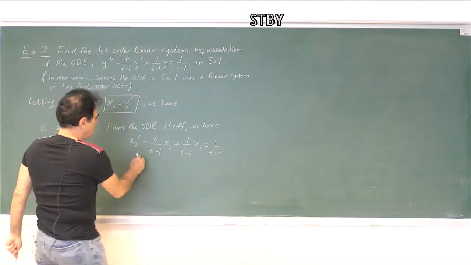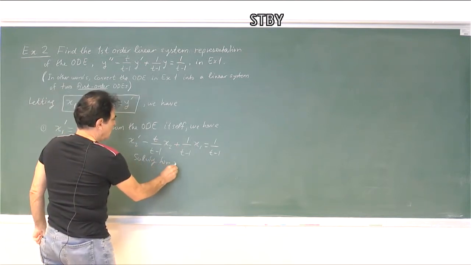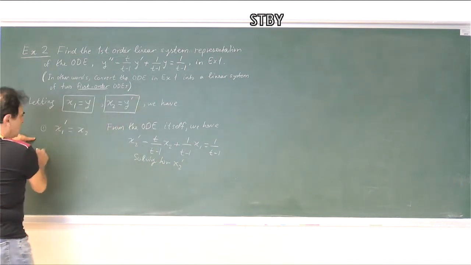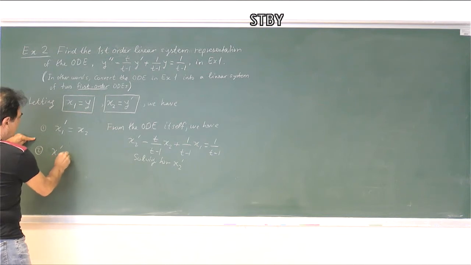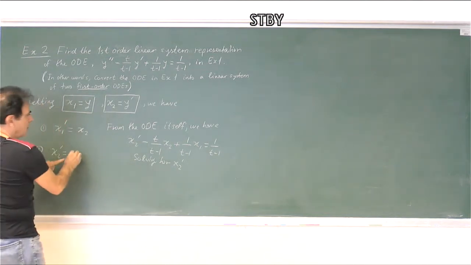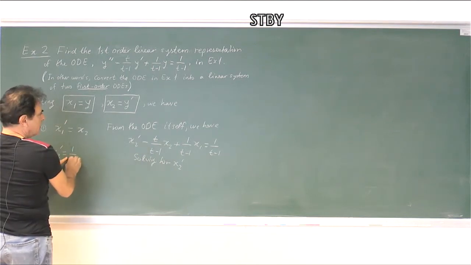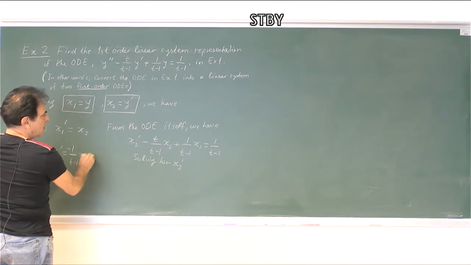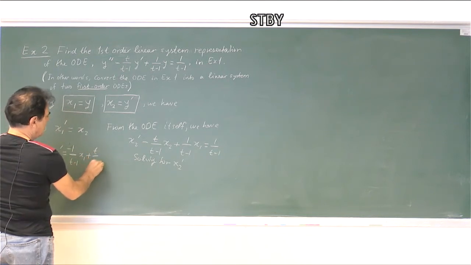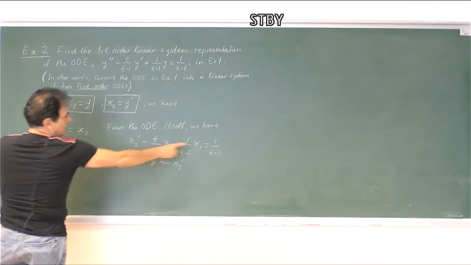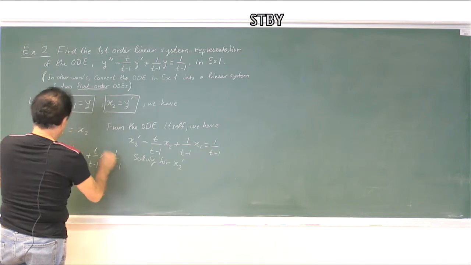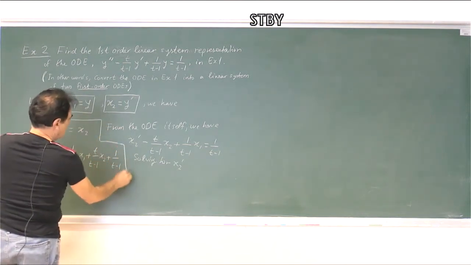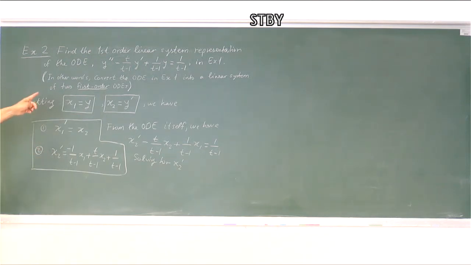Solving for x2 prime, we get the second equation. x2 prime becomes minus 1 over t minus 1 times x1 plus t over t minus 1 times x2 plus the non-homogeneity term, 1 over t minus 1.